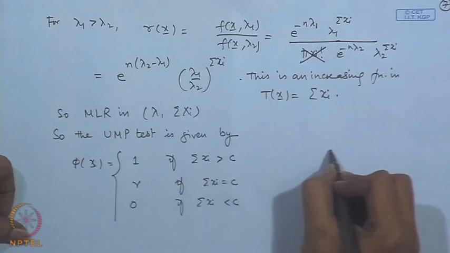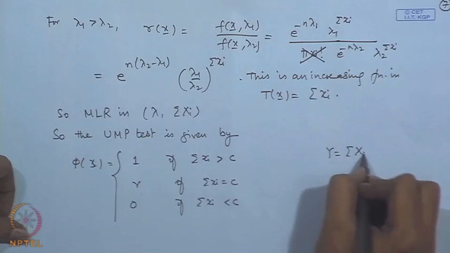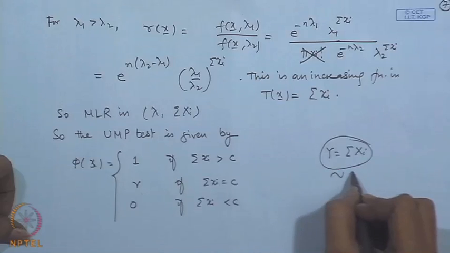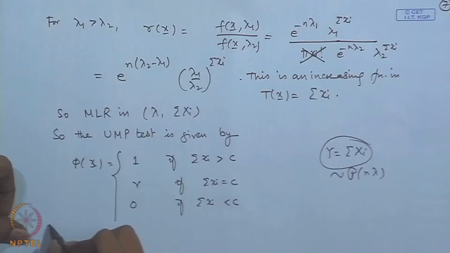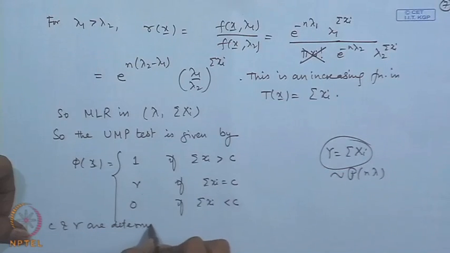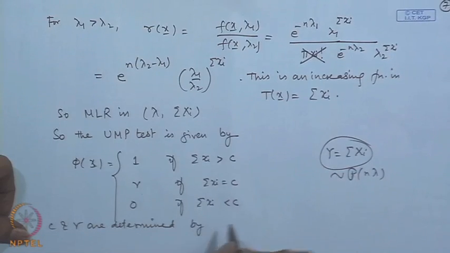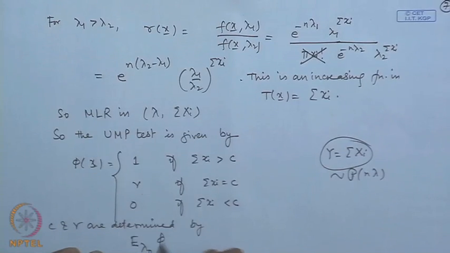Now, let me write sigma x_i as equal to Y, then that will follow a Poisson distribution with parameter n lambda. Now, c and gamma are determined by the condition that the expectation under lambda naught of phi(x) is equal to alpha. Let me label this as 1 and this as 2.